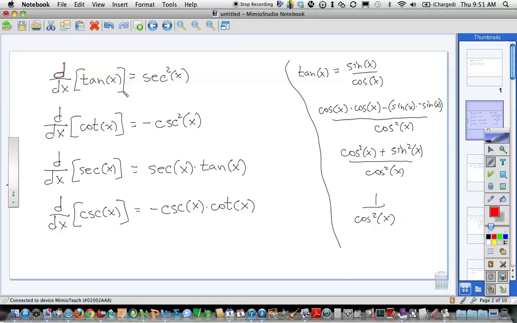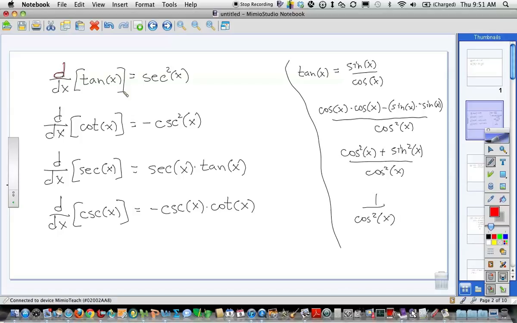Derivative of cosine is negative sine. Derivative of tangent is secant squared. Derivative of cotangent is negative cosecant squared. And then the last two, the derivative of secant is secant x times tangent x. And its cofunction, cosecant, its derivative is negative cosecant cotangent. So there definitely are some patterns there that you can use to help you memorize those.